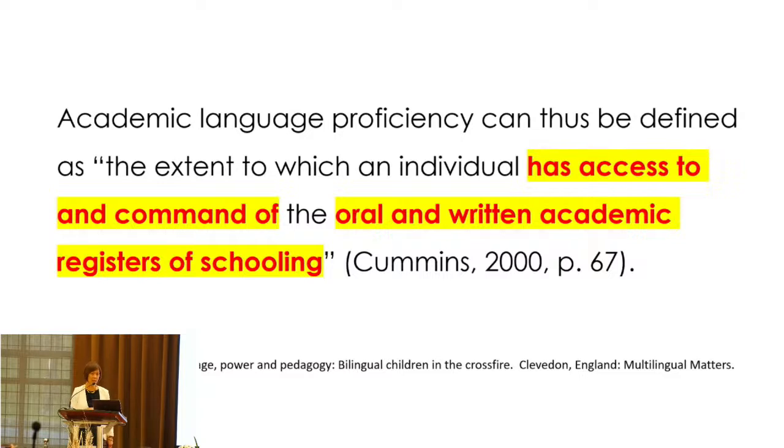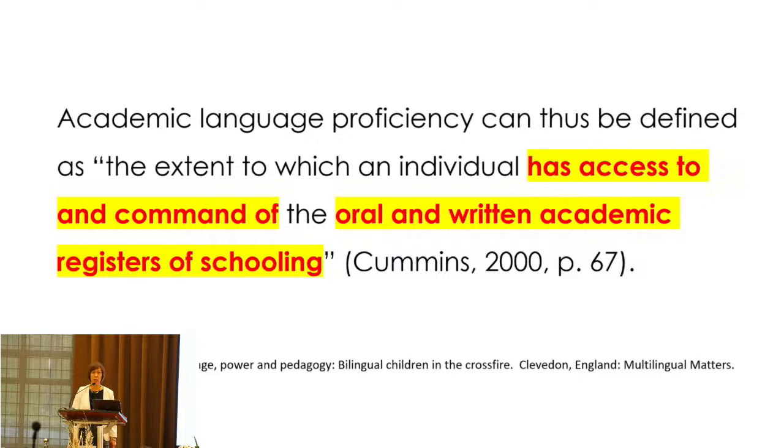So according to Cummings, academic language proficiency is different from general language proficiency. Academic language proficiency is the extent to which your students have access to and command of the kind of oral and written academic registers of schooling.